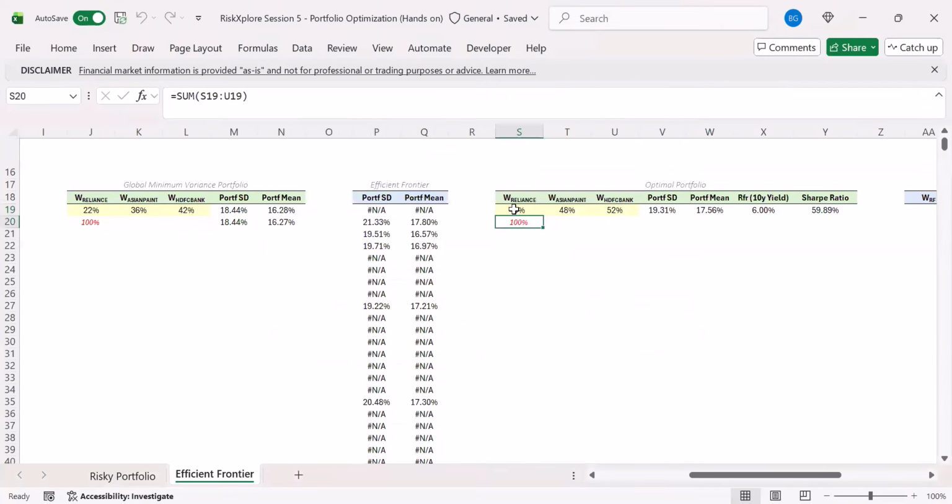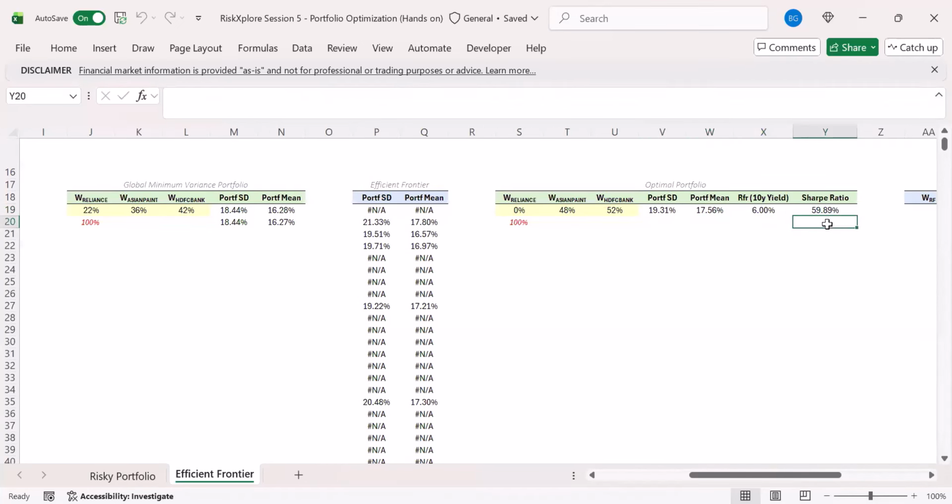And we have these weights. So these are the optimal weights that we should have if we have to maximize the Sharpe ratio. So this is the optimal portfolio, and for that optimal portfolio, this is the SD and this is the mean, right?